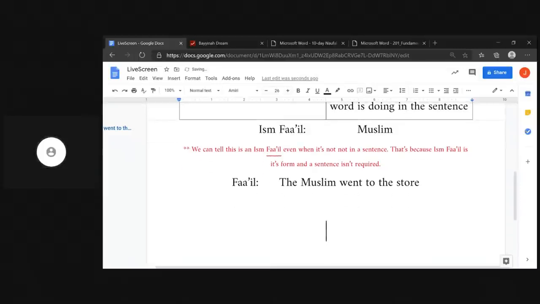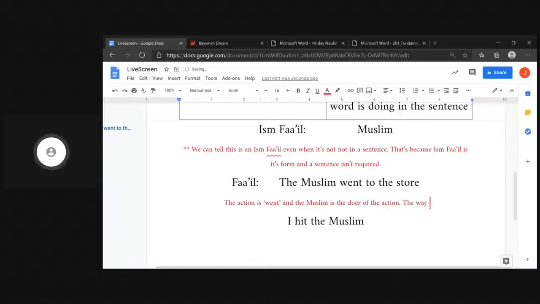And then the second one was... In this one, the action is went, and the Muslim is the doer of the action.